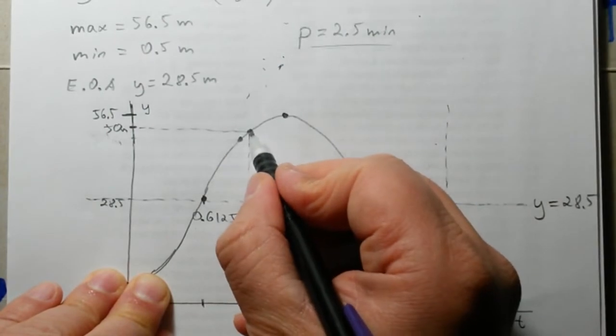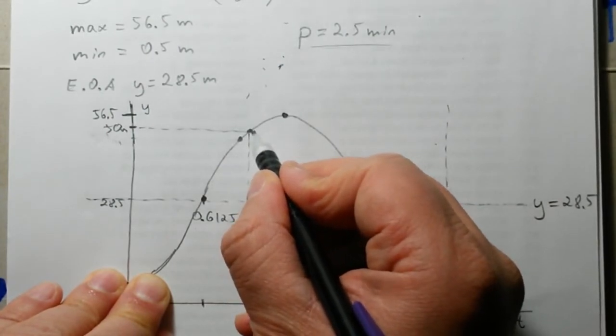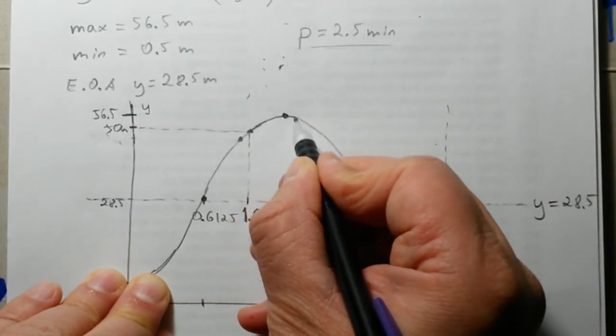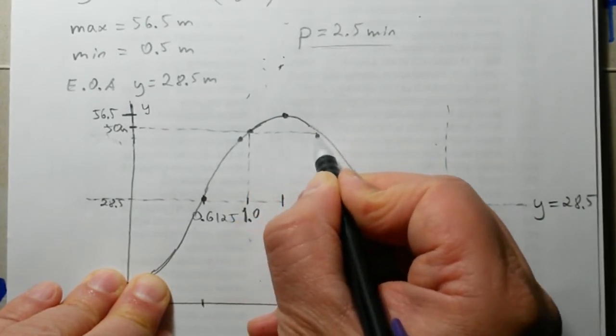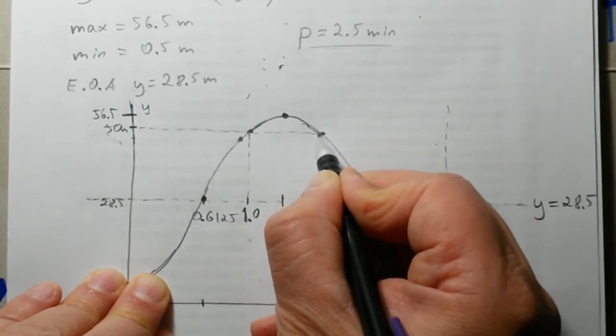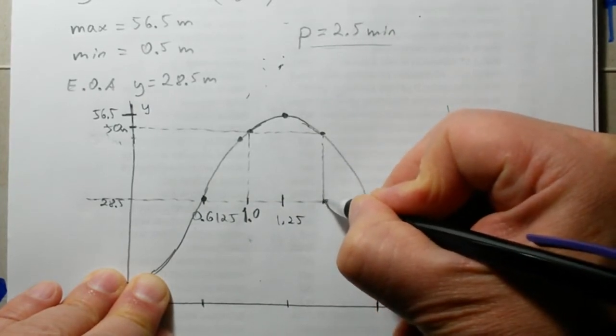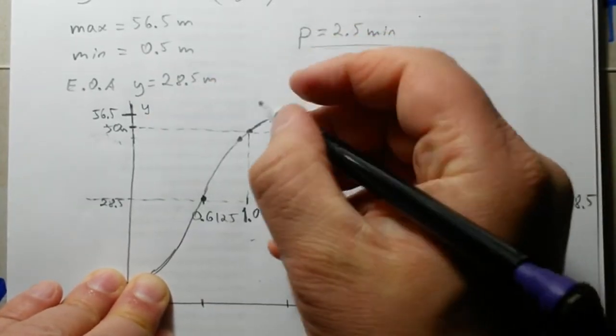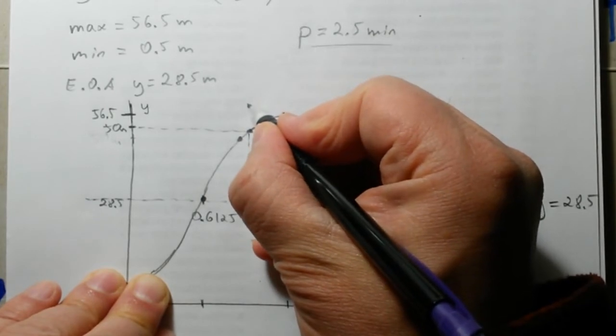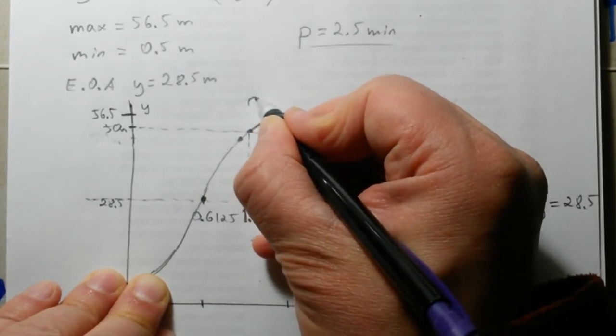So after 1 minute it is above 50 meters, and then once it starts going below, that will be another one, right? So that's the interval. What is this interval here?